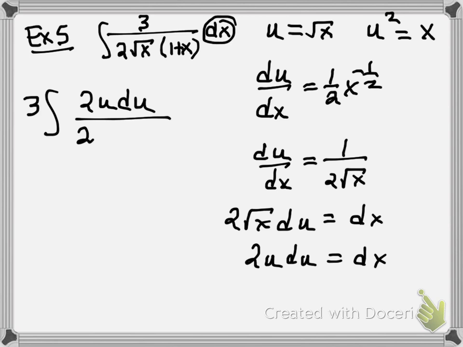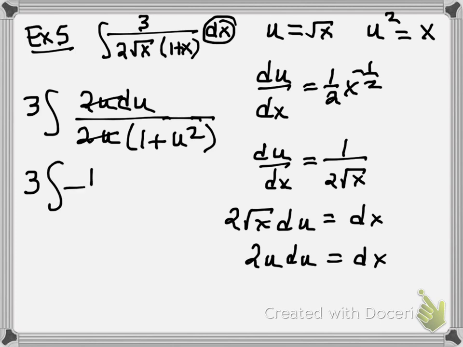I can't leave any x's in the problem. And then 1 plus, and instead of x, x would be equal to u squared. So now I've converted this problem from x's to u's, and in so doing, I've come up with something that will use an inverse trig. These two cancel, the 2 u's cancel, and now I've got 3 integral of 1 over 1 plus u squared du.